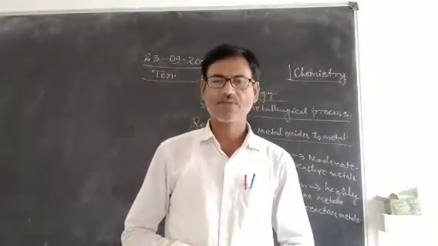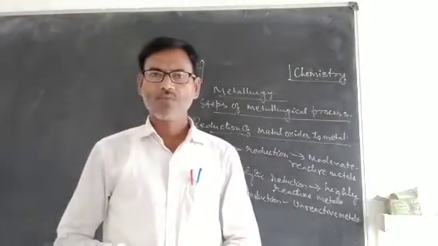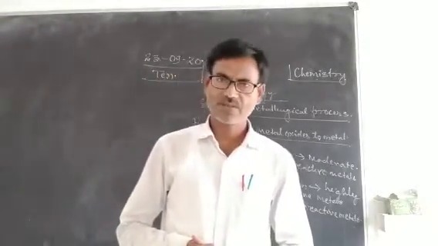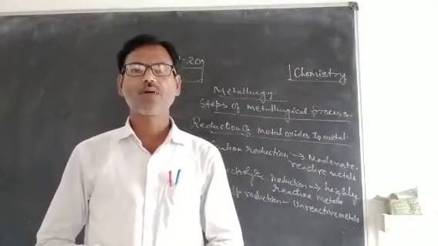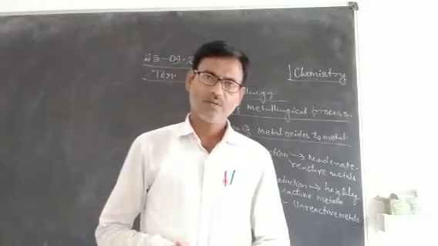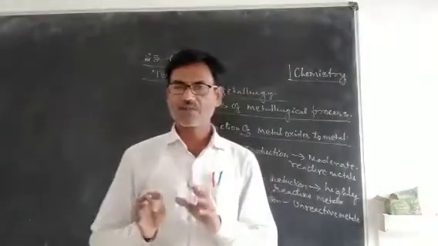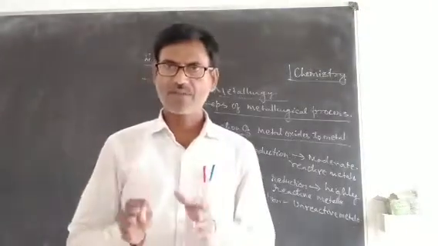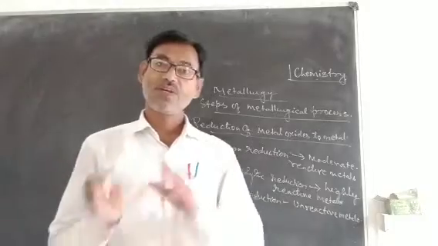I already explained. Today I will discuss the reduction of metal oxides into respective metals. It is the third stage of metallurgical process, by which the metal is obtained from their oxides.